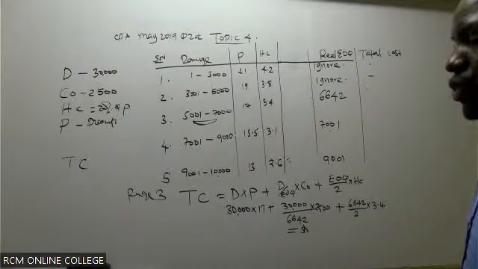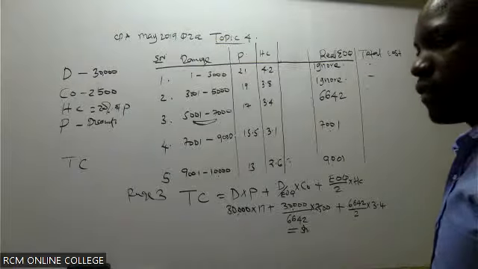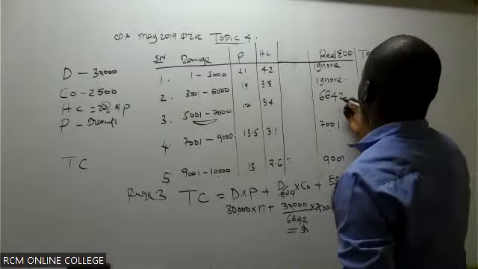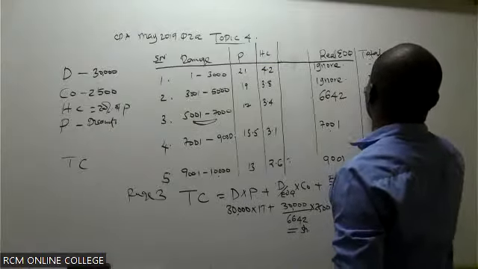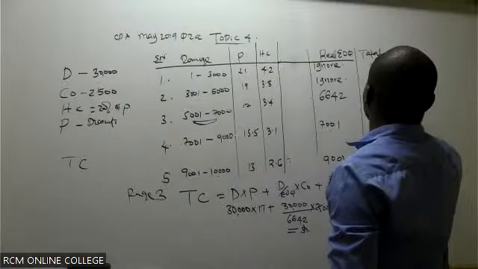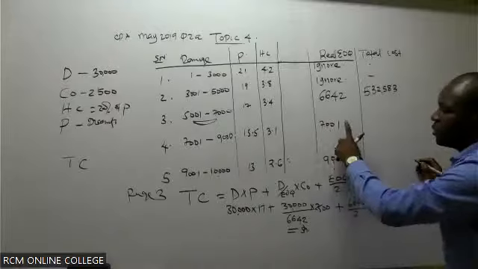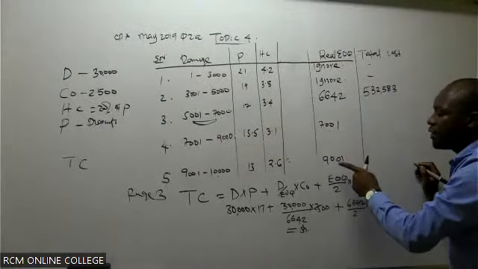What are you getting as the total cost? 532, 583. Do the same to the fourth and the fifth.